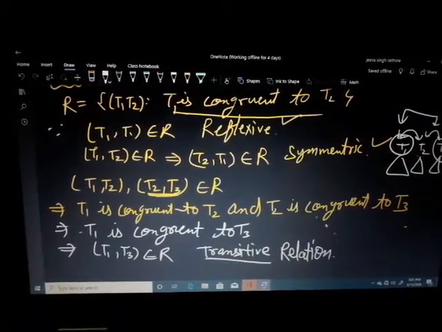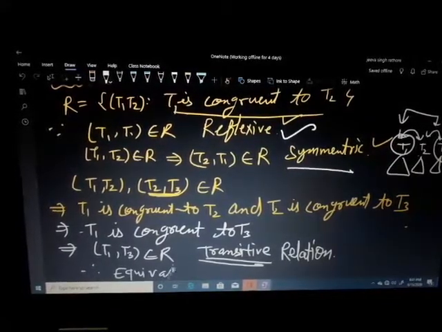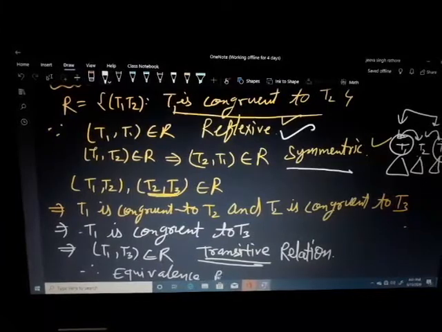We have proved this is reflexive, symmetric, and transitive. That's why we can say this is an equivalence relation.